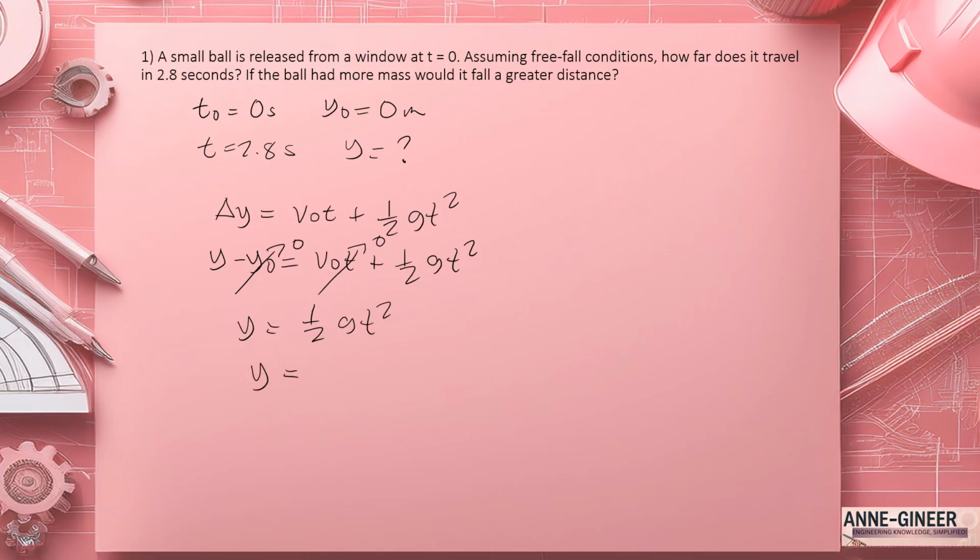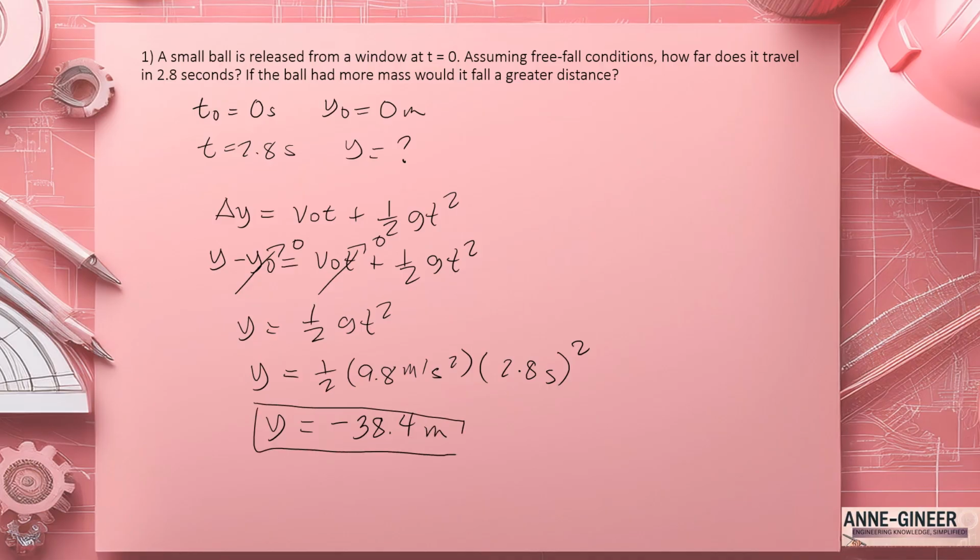So y is equal to 1/2 times 9.8 meters per second squared times 2.8 seconds squared. So our height is negative 38.4 meters.